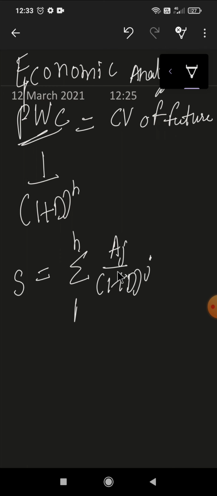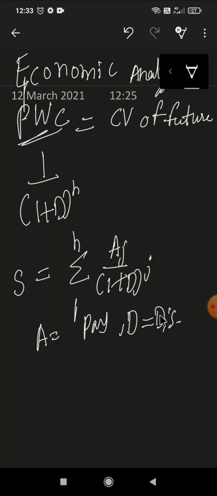Here, what are a and d? The aj are the payments that are due for the first year, second year, up to n years, how much payment you are making. And d is the discount rate. A is payments and d is the discount rate.